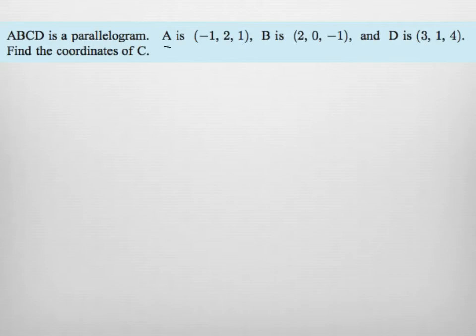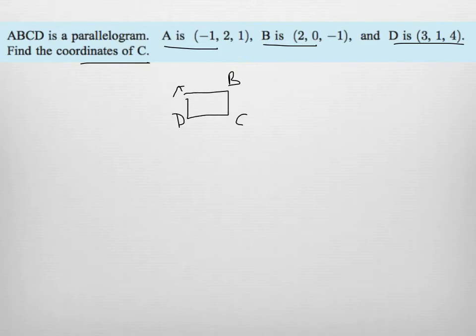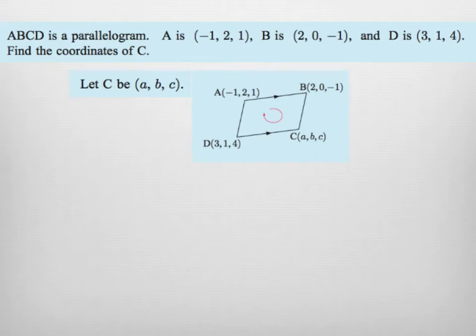We're going to start with A, B, and then we're going to create C, and then go to D, in the order that it's been written in. Okay, and we'll create some variables for point C. So let's let C be the coordinates little a, little b, little c, and we can create this diagram here.